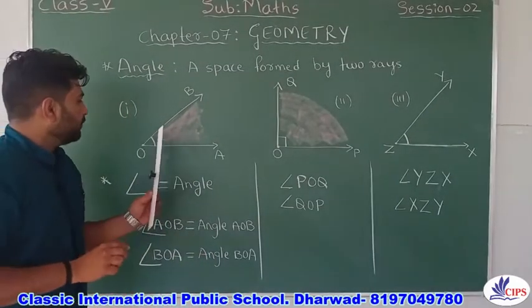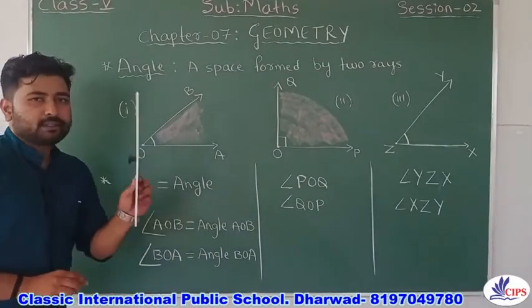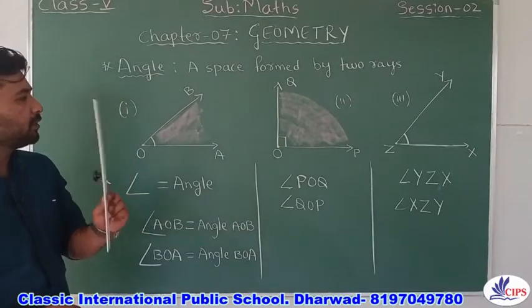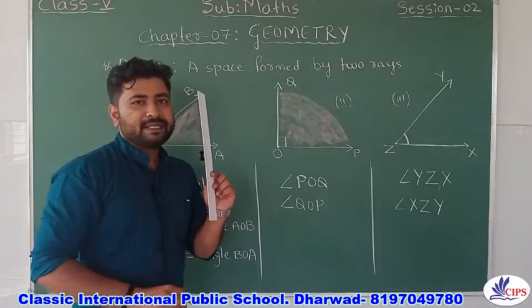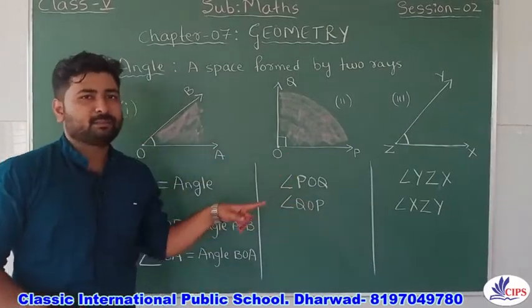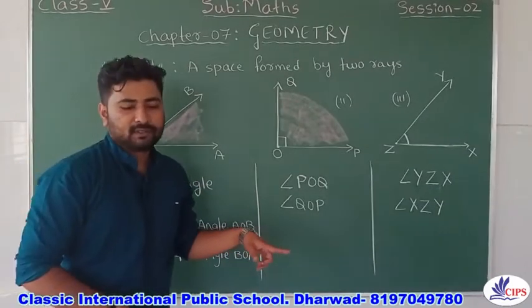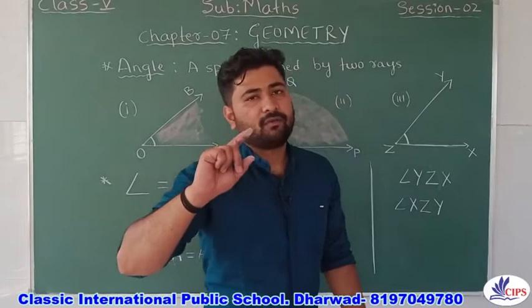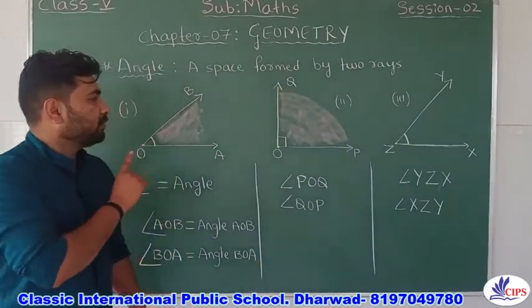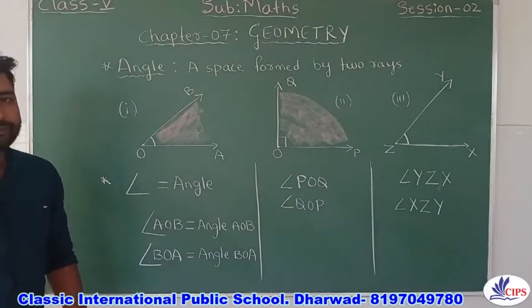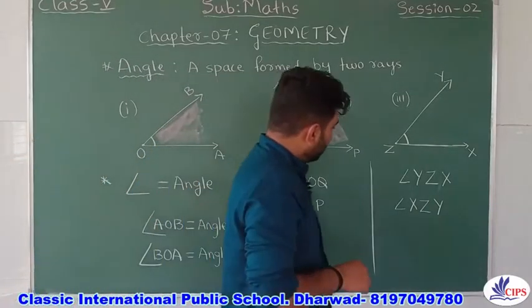But if you're drawing these two lines, always use a scale. Don't draw freehand because your diagram won't be neat. I can draw freehand because I have experience. I did a lot of practice on this. So until you become perfect, always use a scale for drawing lines, especially in geometry. Don't use freehand. Okay, guys?